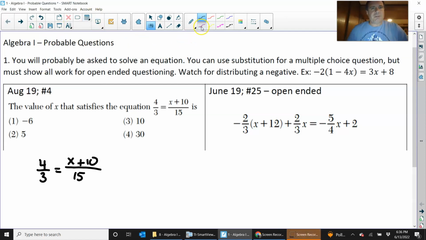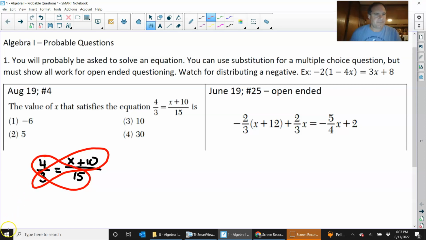So for number 1, what I think is definitely going to be on there is something like this, where they have an equation that is set up like a proportion. So what do you do with a proportion? You just cross multiply. Remember, you have 3 times x plus 10, like that, and then 4 times 15.